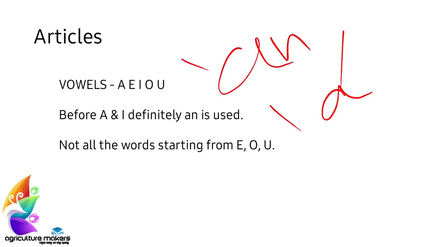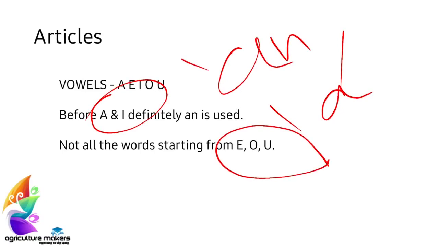Before A and I, there will be definitely an, but the exceptions come in the case of E, O and U. Come on, we can see that.